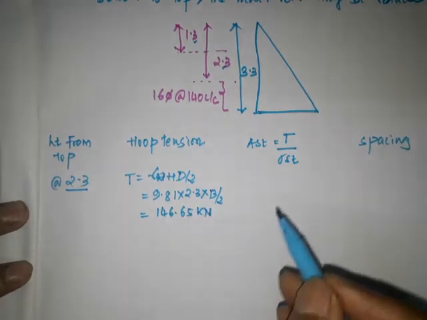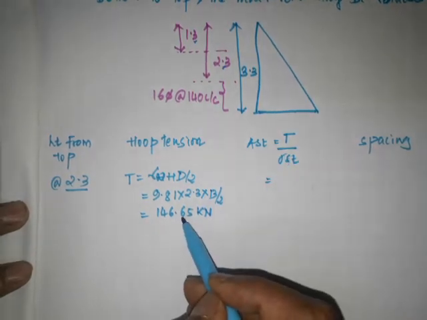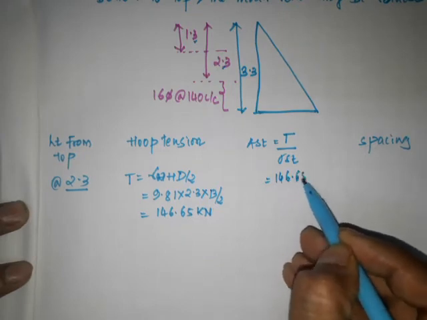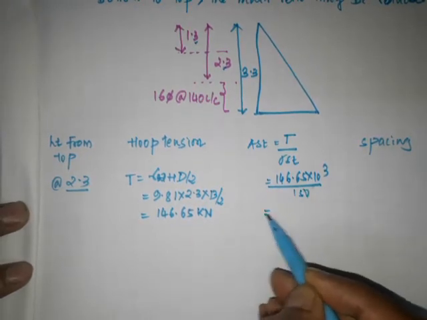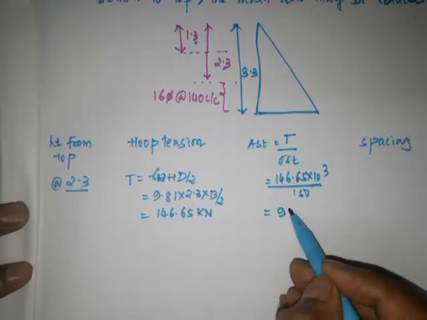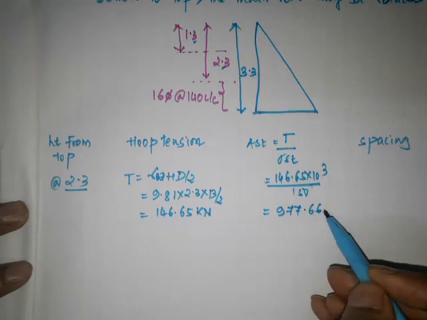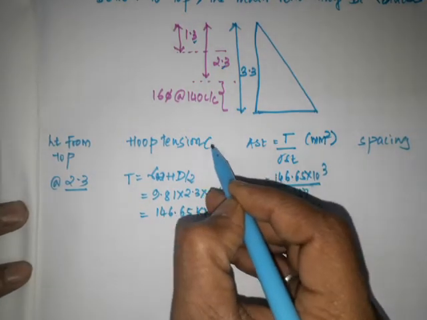With respect to this, again Ast will be T divided by sigma st. T we have already got, that is 146.65 into 10 raised to 3 divided by sigma st, which is 150. So we get 977.66 mm square. Ast we get in mm square, and T we get in kilonewton.